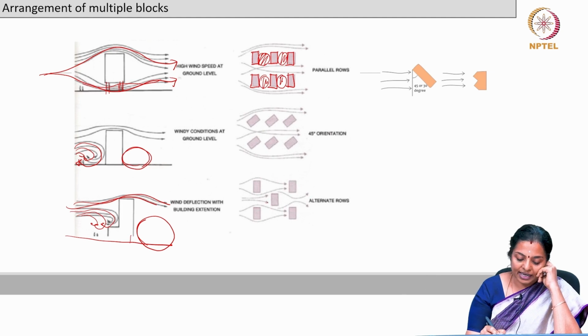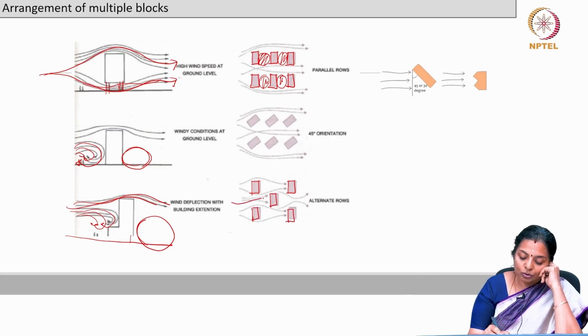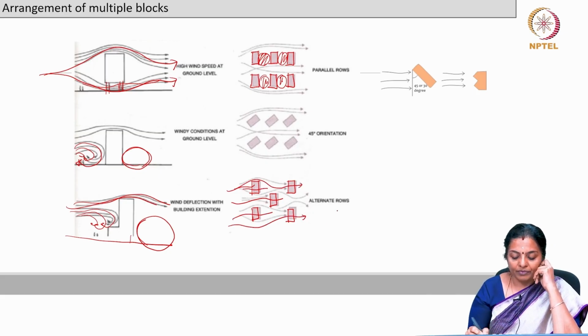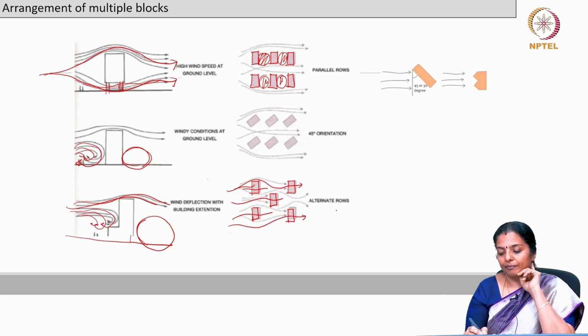Whereas in this case, when you stagger the block, you facilitate the air to move inside the building, through the building. So, every block gets adequate ventilation.